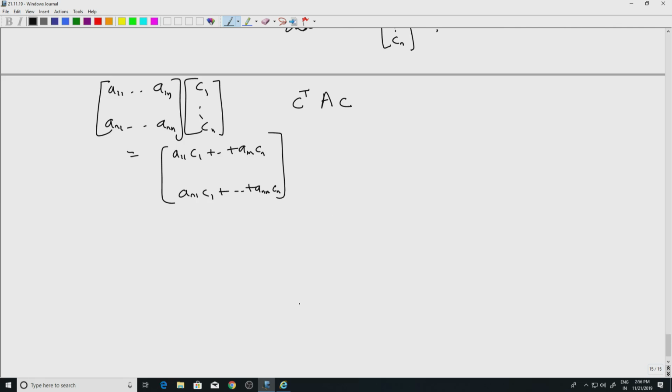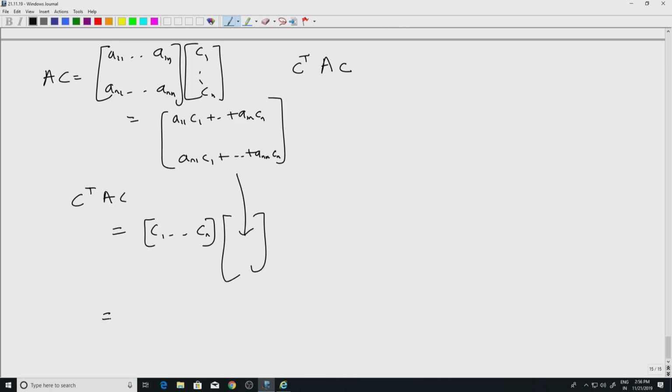And if I do a further multiplication, c transpose Ac, c transpose is the row vector c1 to cn multiplied by this column vector, and that will be a11 c1 squared plus a12 c1 c2 plus and so on.